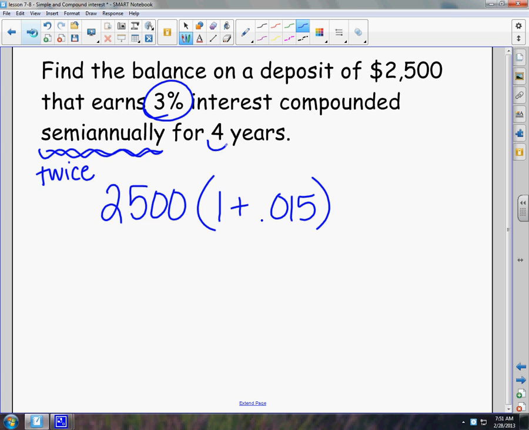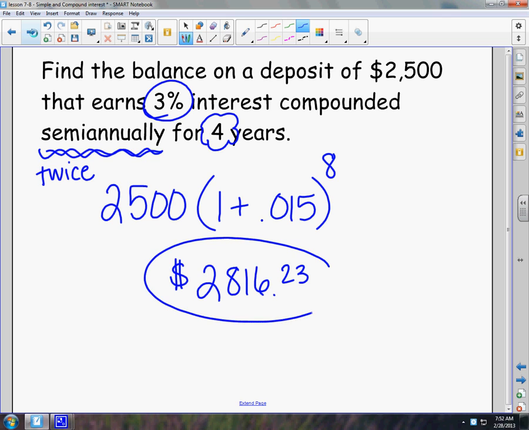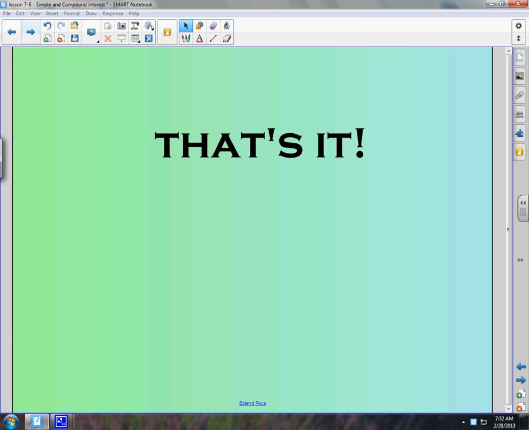And then I double this number and make it 8 times. Because 4 years, if I do it twice a year for 4 years, that's 8 times that I'm compounding. So I have 2,500 times 1.015 to the 8th power. And I get 2816.23. All right, that is it for your notes.